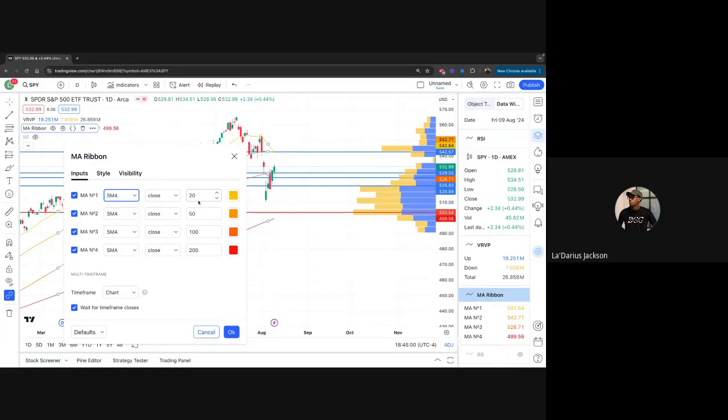I would definitely look at EMAs more if I'm looking at lower time frames, and also if I'm trading options, to beat the clock when it comes to time decay. But looking at the SMAs that I have here, again, we have them color coded. The golden line is the 20, orange is the 50, burnt orange is the 100, hot red is the 200.